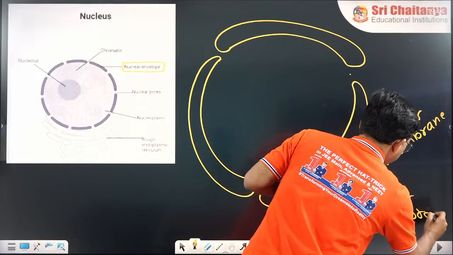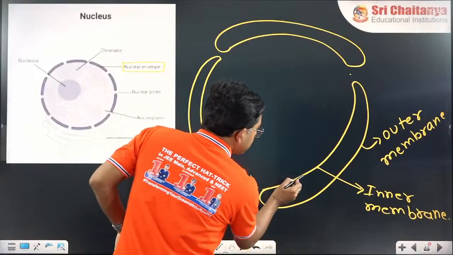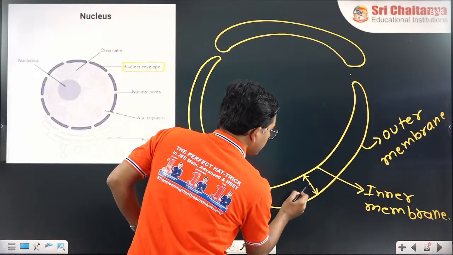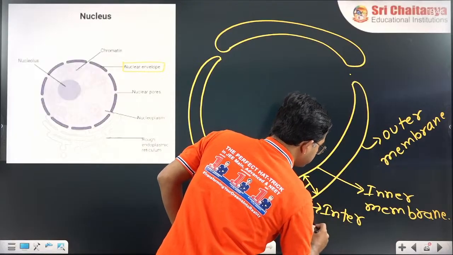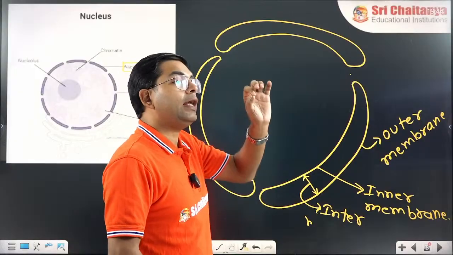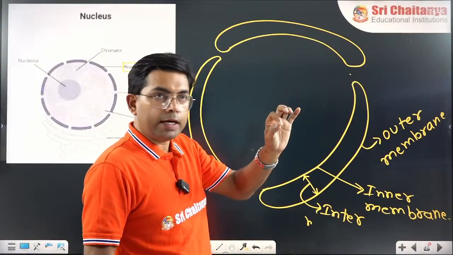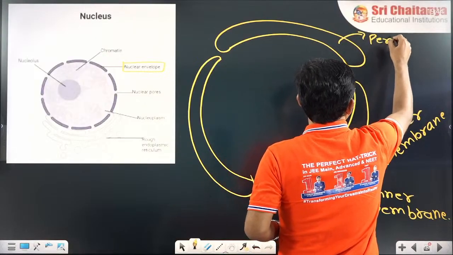Inner membrane. Then in between the outer and inner is present the intermembrane space, or we also call it perinuclear space, right?